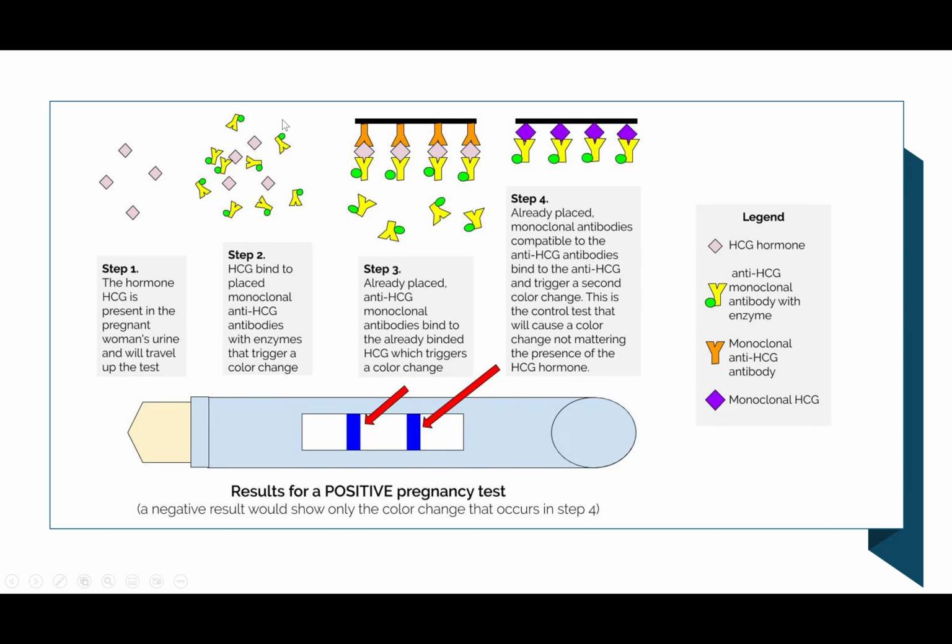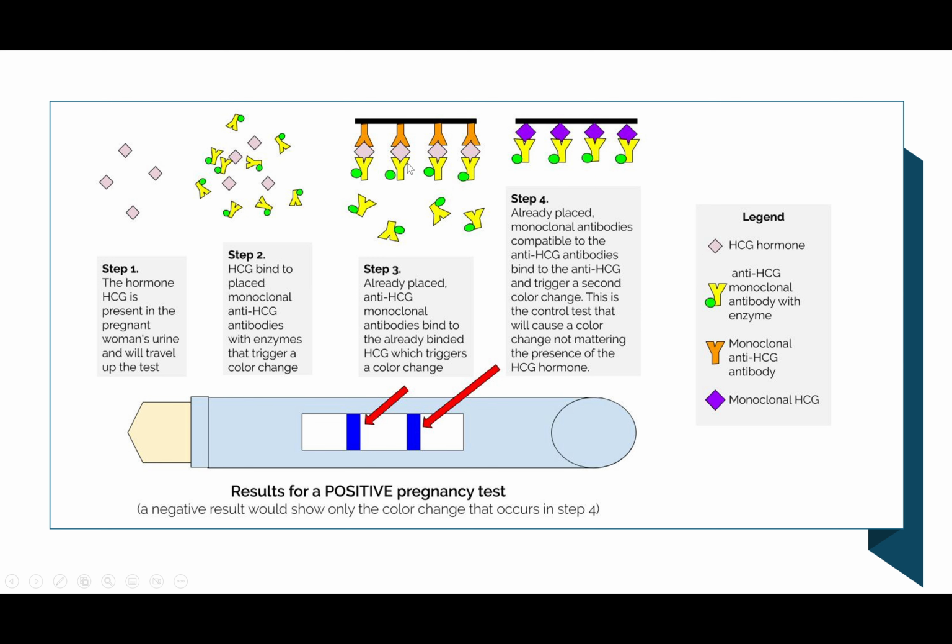So they will bind now. Step three now: when we look at the already placed anti-HCG monoclonal antibodies, they're going to now be bound to the dye. So what's going to happen here now?